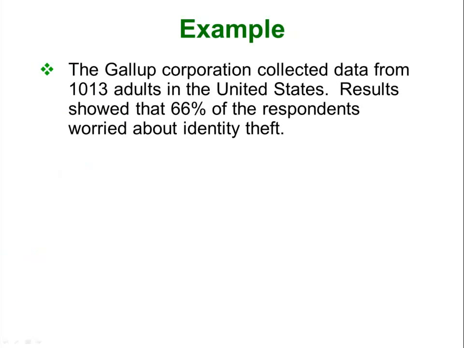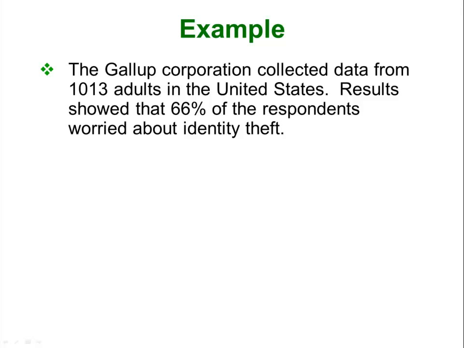Let's look at some examples. The Gallup Corporation collected a bunch of data from a little over 1,000 adults in the United States, and results showed that 66% of the respondents worried about identity theft. So in this case, what is our sample and what is our population? Well, hopefully you see that our sample is the 1,013 adults.